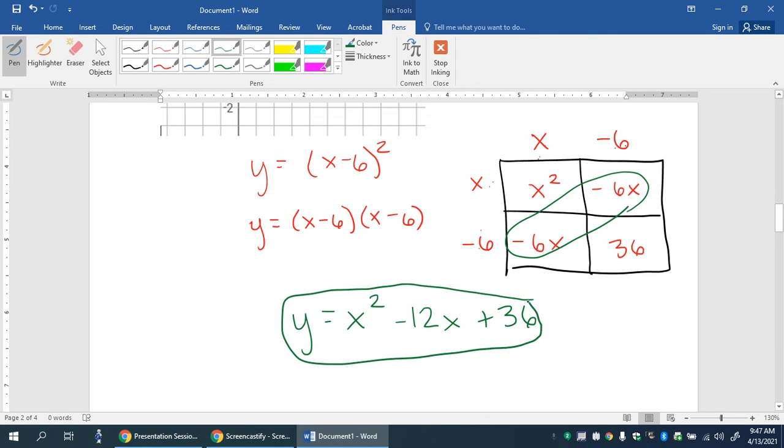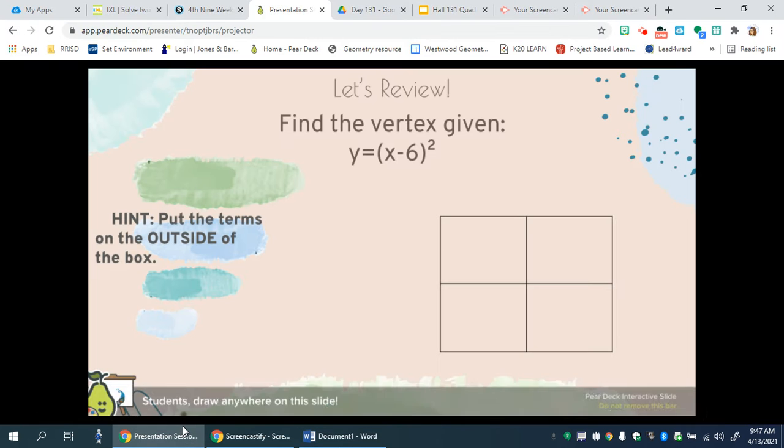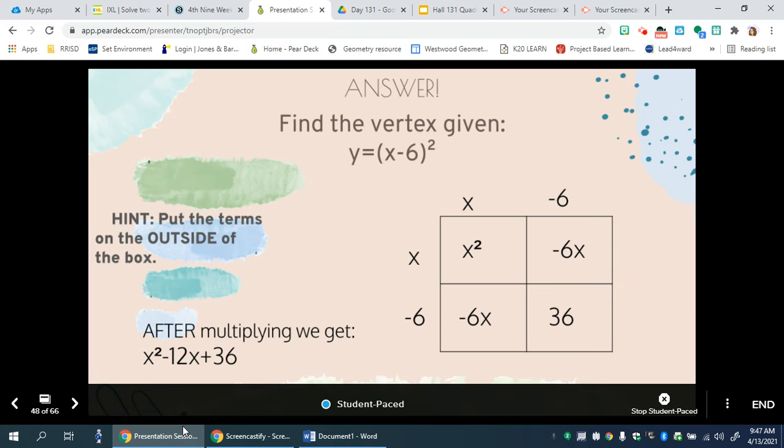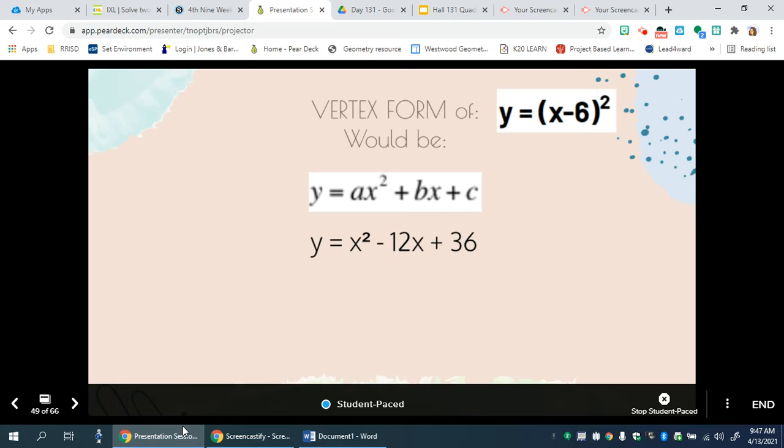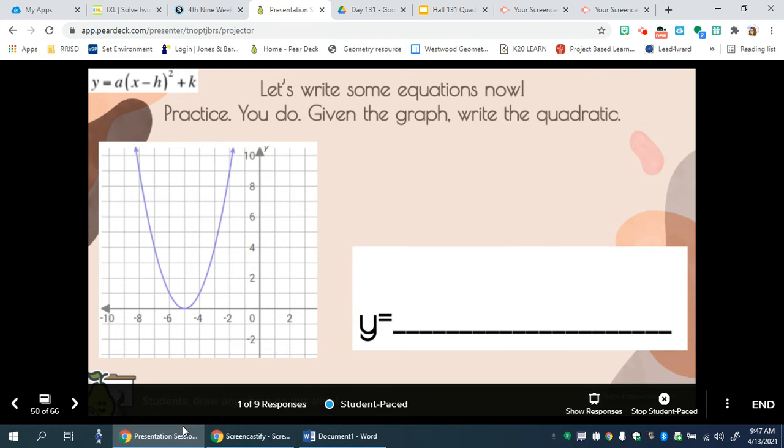That is now standard form going from highest to lowest. Just right there. Or sorry, the standard form of the vertex equation, vertex form, would be this.